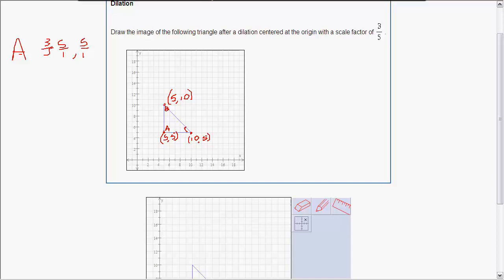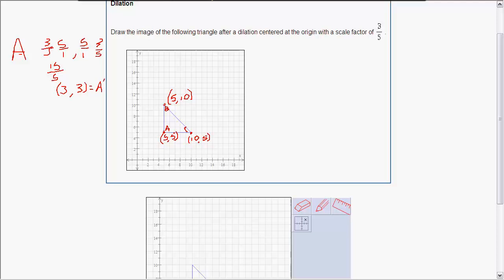I'm going to multiply that also by 3/5. So 3 times 5 is 15, and 15 over 5 is 3. And since this 5 is the same for our y, the answer is going to be 3, comma 3, and that is actually going to turn into what's called A prime.